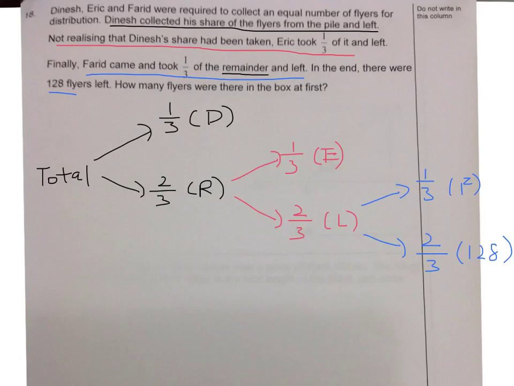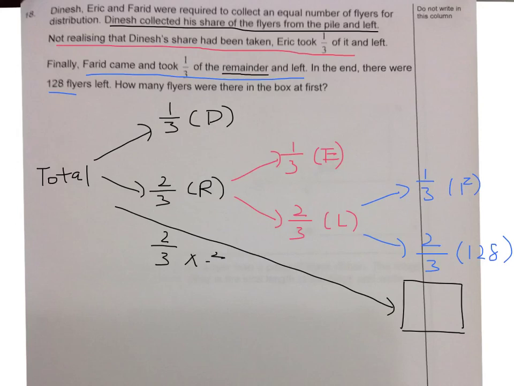So we have to find out what's the box inside here. To get to this box, we have to take 2/3 times 2/3 times another 2/3. 2 times 2 times 2, 2 times 2 is 4, 4 times 2 is 8, so we have 8 over 3 times 3 is 9, times another 3, we get 27.